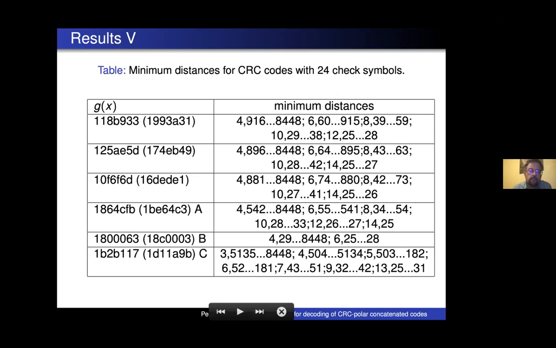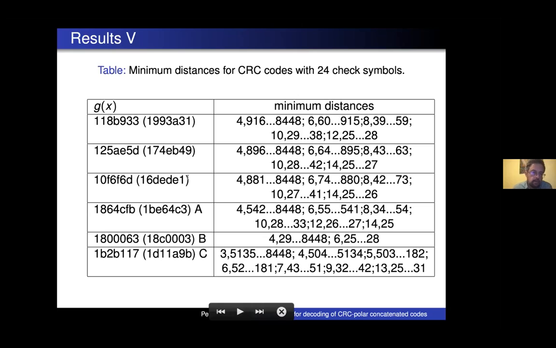So we have minimum distance 6 here for the interval from 16 to 915. And for instance, for the best interval, we have from 55 to 541. So we are seeing that here for an interval of almost 400, we have a minimum distance that is 2 larger than the best standard polynomial.